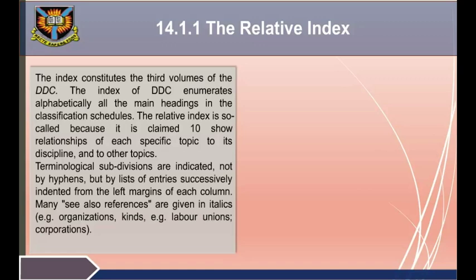Terminological subdivisions are indicated not by hyphens, but by list of entries successively indented from the left margins of each column. Many see also references are given in italics, for example, organizations, kinds, e.g., labor unions, corporations.